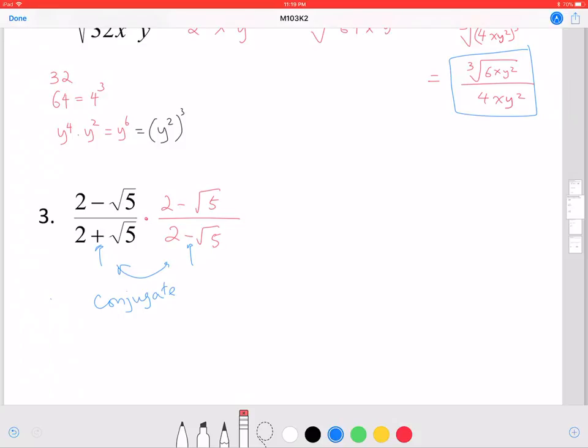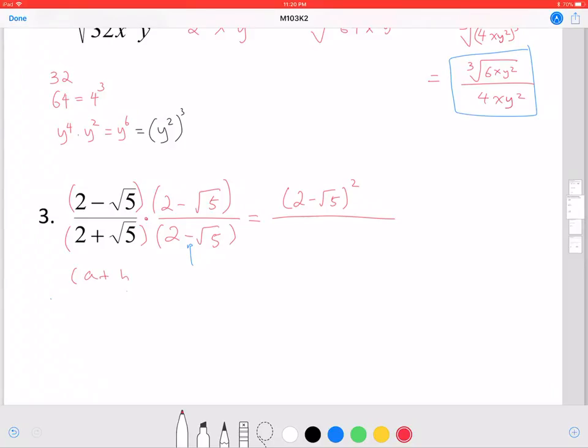All right. Then let's see what happens if I multiply this out. For the numerator I basically have 2 minus square root of 5 quantity squared. And the denominator, if you look at this carefully, it's like a FOIL. This is in the form of a plus b times a minus b.